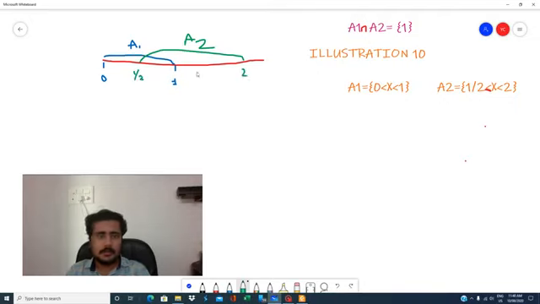As I told you, half is in A2. We can make a circle to show that half is present here. Else, 0 is not included, 1 is not included, and 2 is not included.